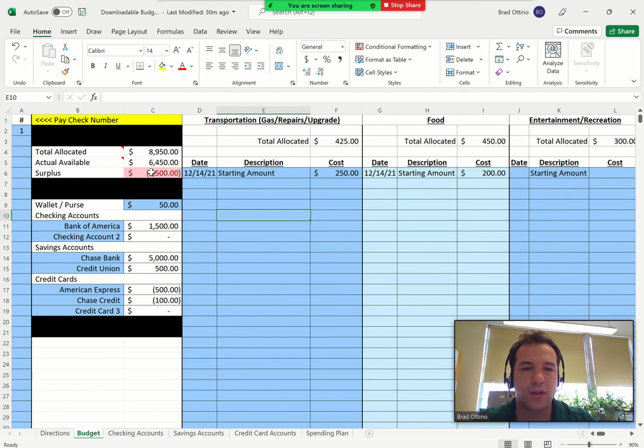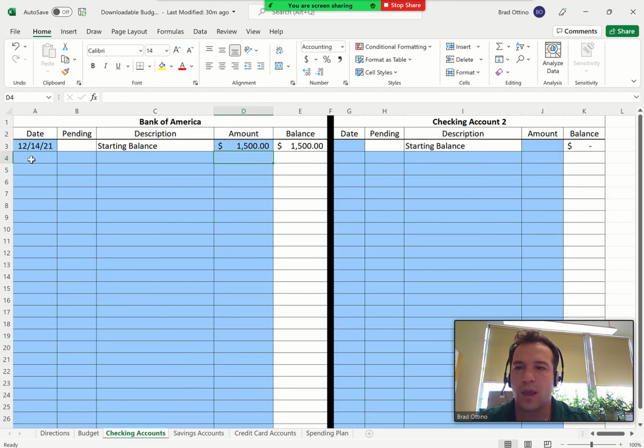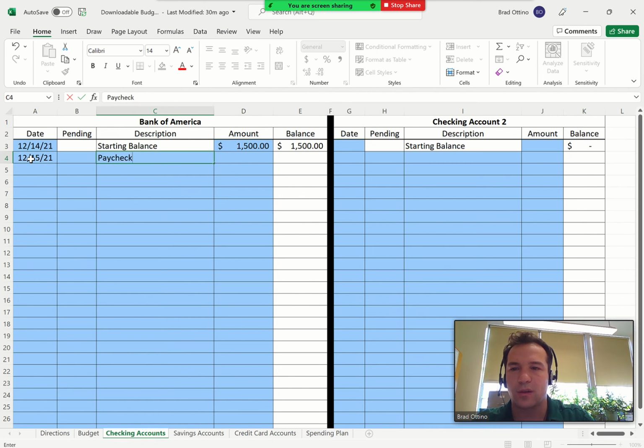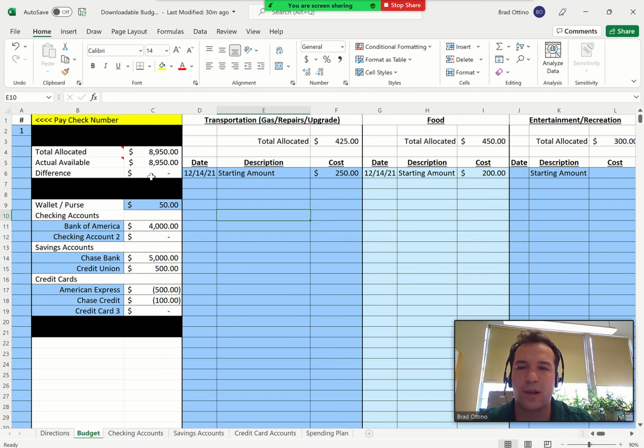Whenever we make a transaction going forward, it must be in 2 places. So if we got paid, we have to go into our checking accounts, and under Bank of America, I'm going to put that we got a paycheck today of $2,500, and you could see my budget is now balanced.